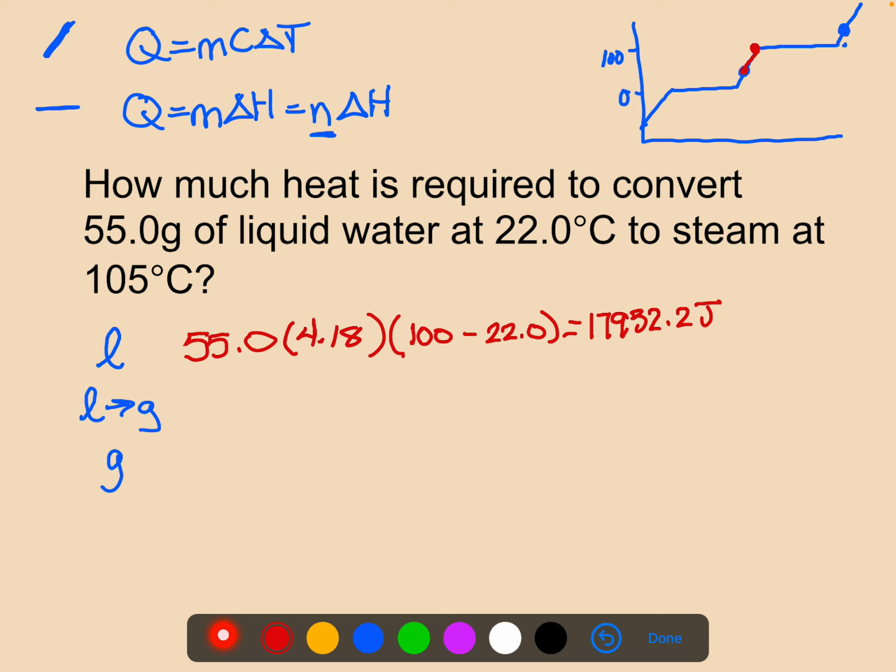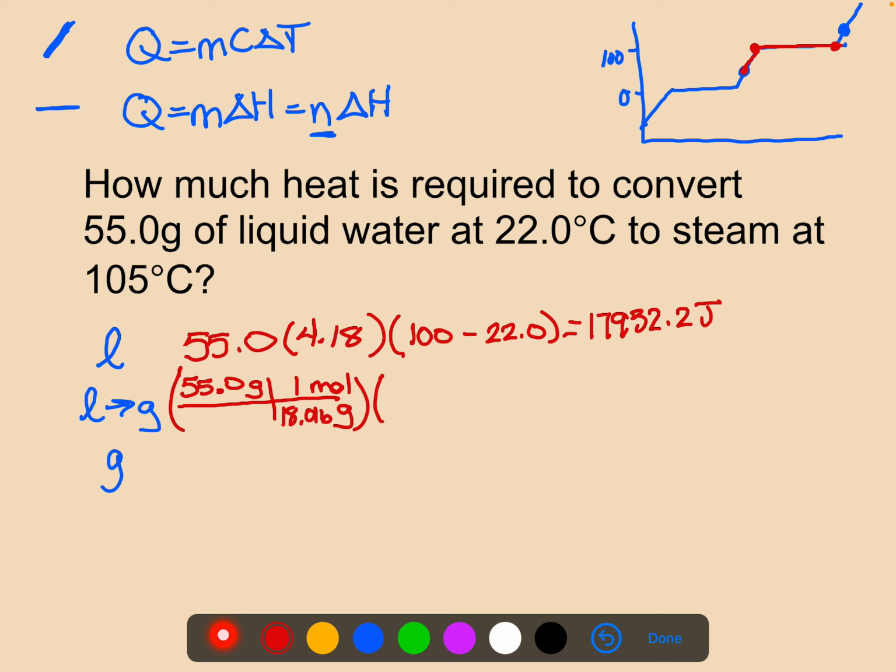Whenever we have to do the liquid to gas stage, it's going across that flat line, so temperature is not changing. We have to use that Q equals N delta H formula. It gave us a mass of 55 grams, but because our unit for delta H is in kilojoules per mole, we have to change from grams into mole. So we have to divide by the molar mass of water, 18.016, to change into moles of water, and then we can multiply by the delta H value.